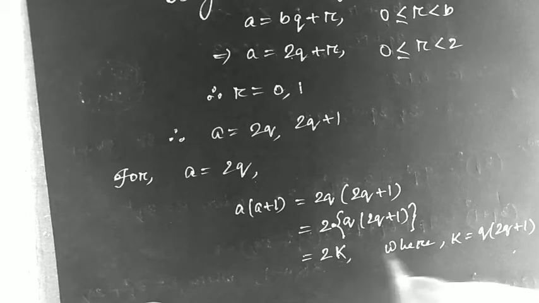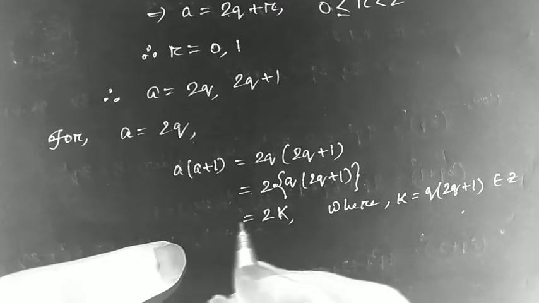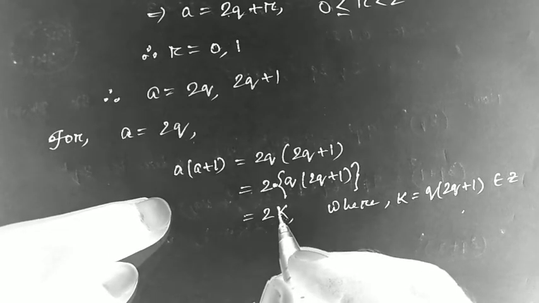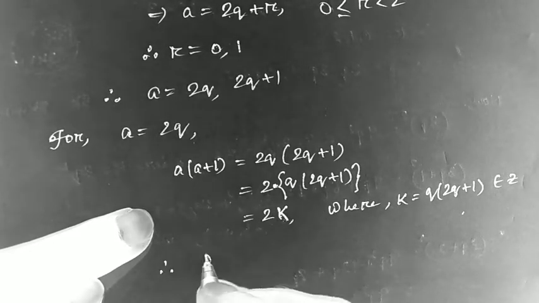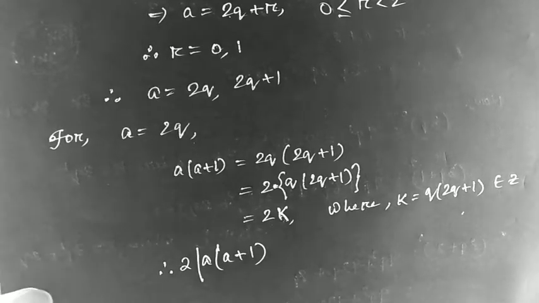So k is some integer and it belongs to Z, no? So now see, a into a plus 1 is equal to 2 into some integer. Therefore 2 divides a into a plus 1. So for the first integer it is true.